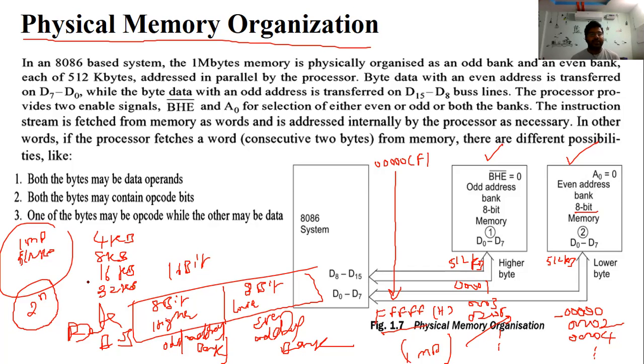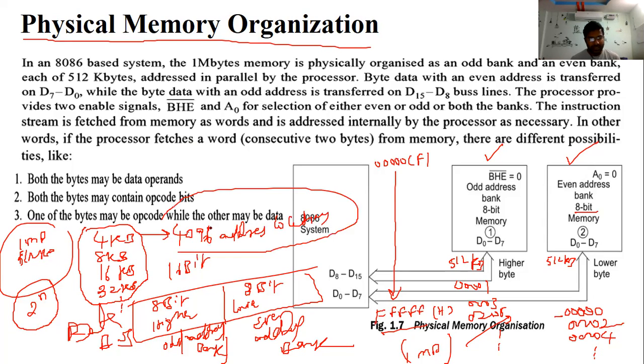At that time, the maximum available memory size was 32 KB. What is the meaning of 4 KB? Nearly 4096 address locations are available in this 4 KB memory device.